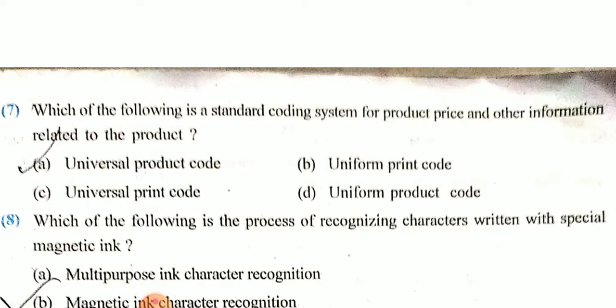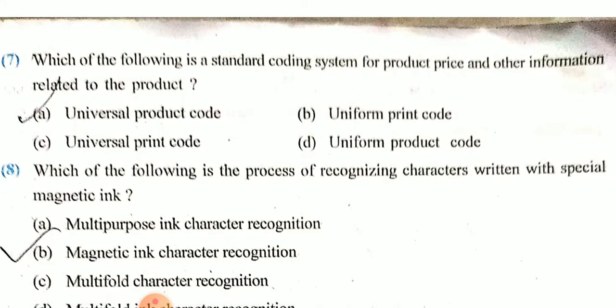Which of the following is a standard coding system for product price and other information related to the product? A. Universal product code, B. Uniform print code, C. Universal print code, and D. Uniform product code. So here your answer is Universal product code.